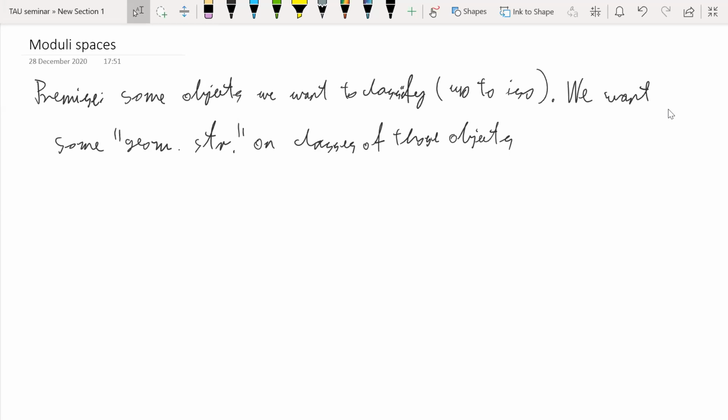And the basic example, as I have already mentioned, is going to be the problem which will be solved by projective space.